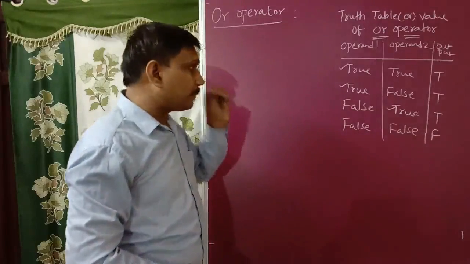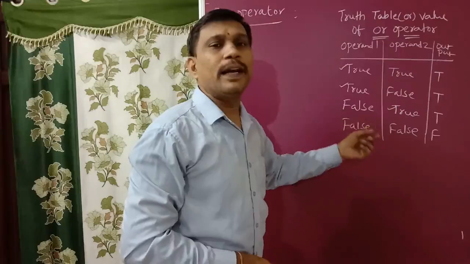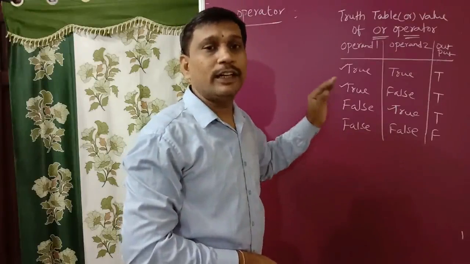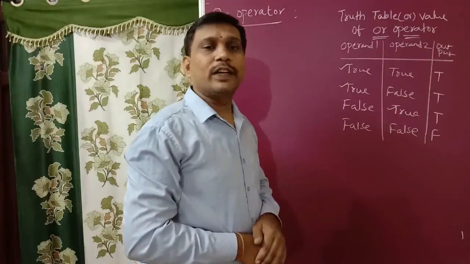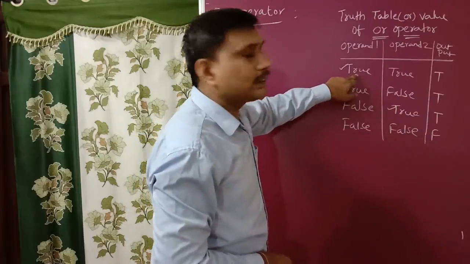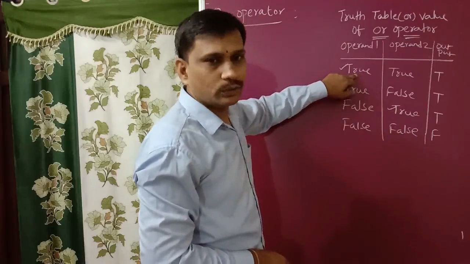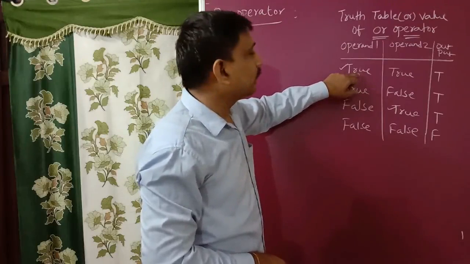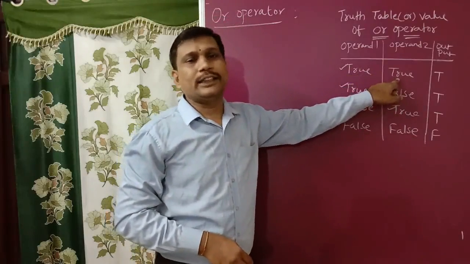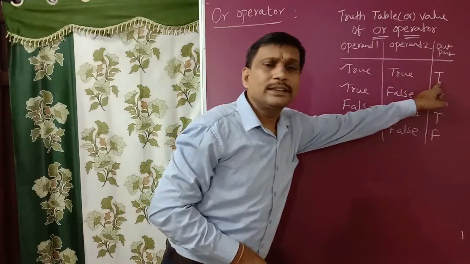Next, how does the or operator evaluate when you use it in Python in if constructs or for loop constructs? Observe, if the first operand, the first condition, returns true, then immediately, why? Because without checking the second condition, we decide the output value is true.